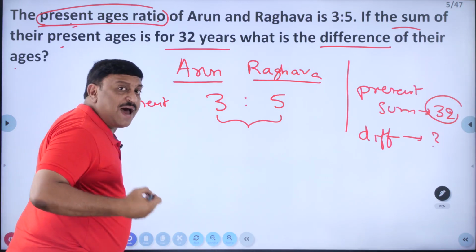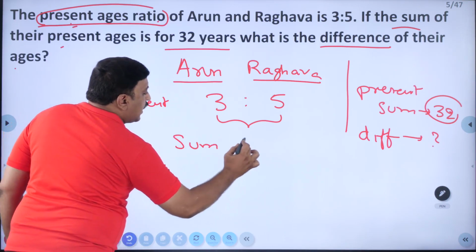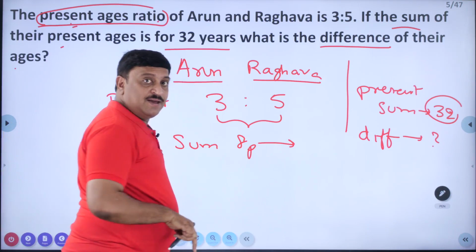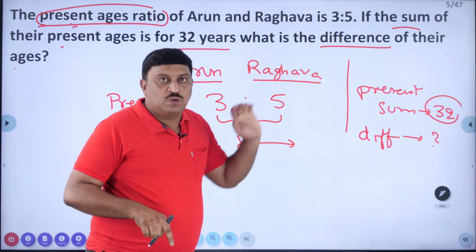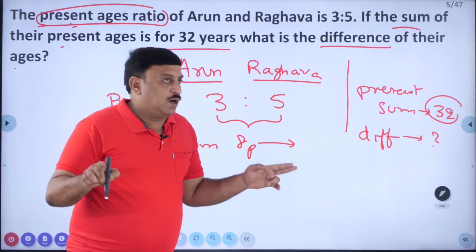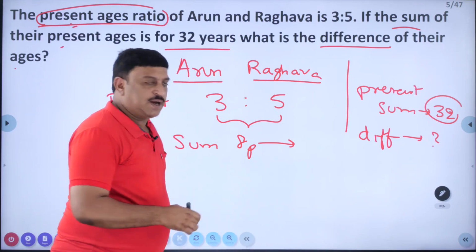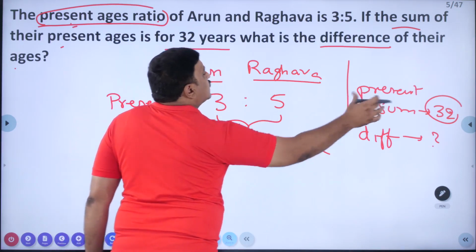No, you have to say 8 parts. So the sum is 8 parts, which is equivalent to, don't say equal, it is not equal, 8 parts equivalent to 32 years. 8 parts sum, present sum.